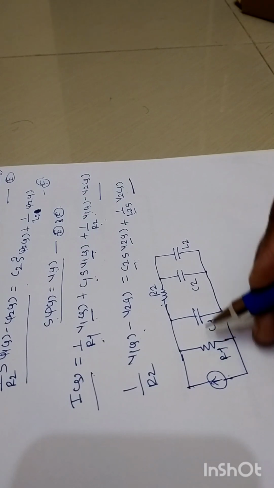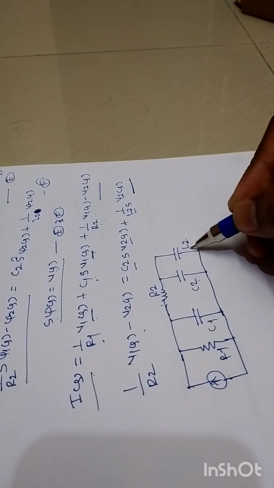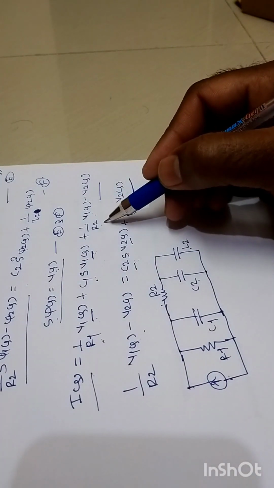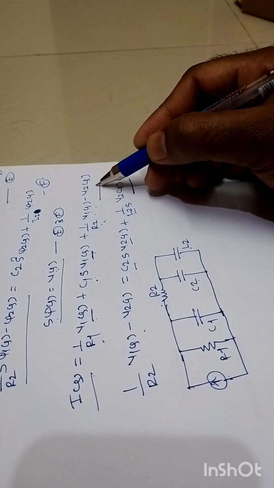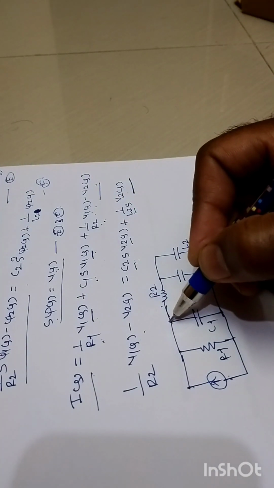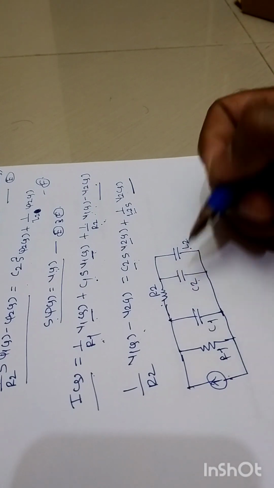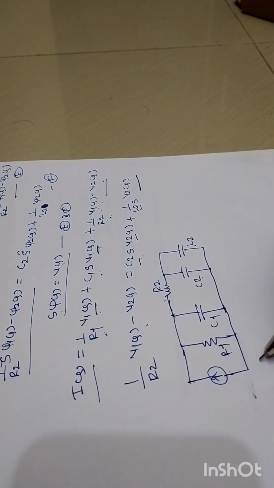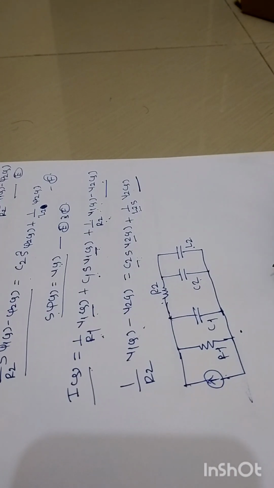As compared to R1, C1 and C2, L2, the coefficient of 1 over R2 is nothing but V1 as well as V2. So this is V1, this is V2, that's why it is being connected in this way. So this is nothing but the force current analogous circuit.